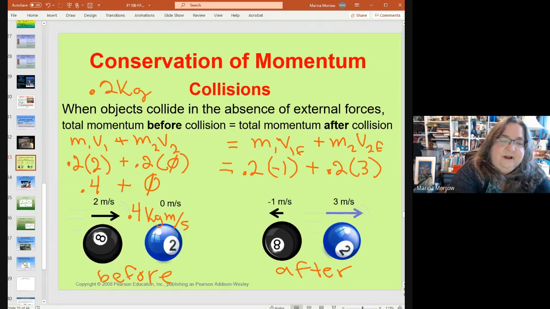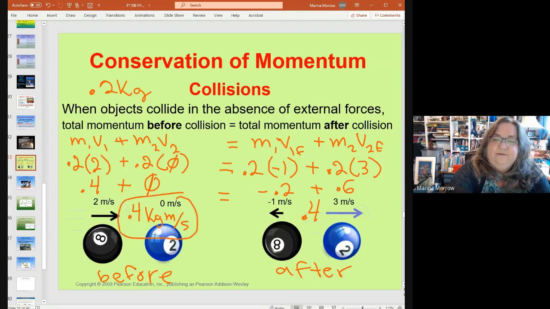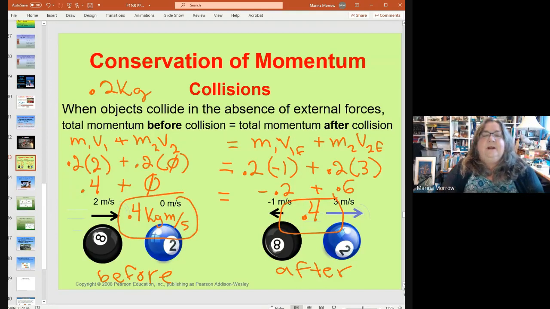So on this side, we're going to get a minus 0.2 plus 0.6. When we add those together, we have 0.4 kilogram meters per second. So we have the same value for the momentum before and the momentum afterwards. We have proved that momentum is the same on each side here. So momentum, we would say, is conserved.